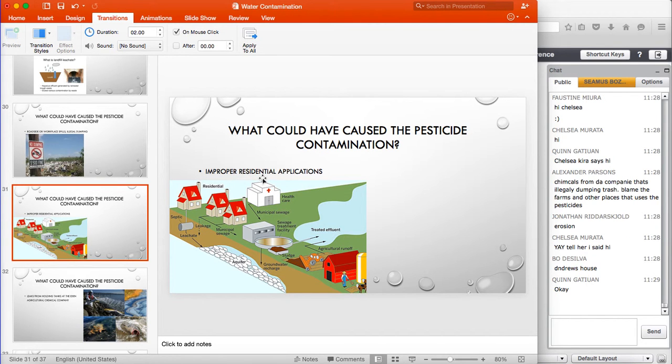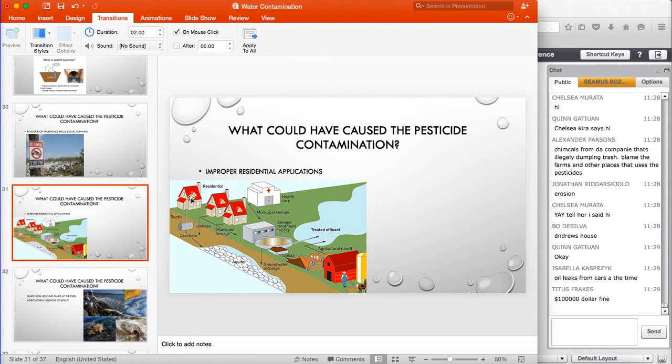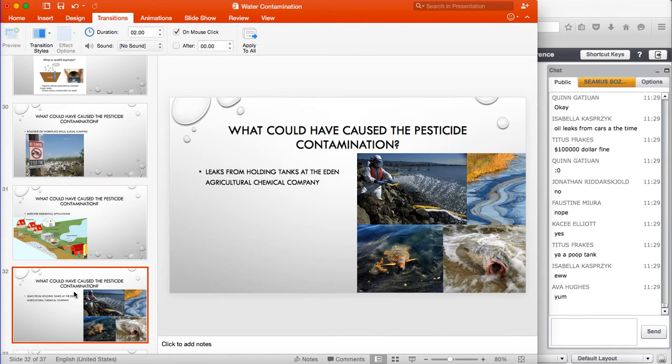Improper residential applications. For example, what if somebody had a septic tank underneath? Do you know what a septic tank is? A septic tank contains all of your poop. And what happens if that tank has a small little crack in it? Oh, that's gross. Anyway, have fun.